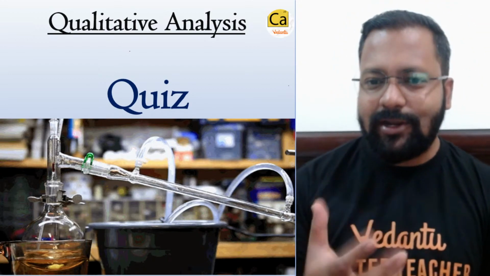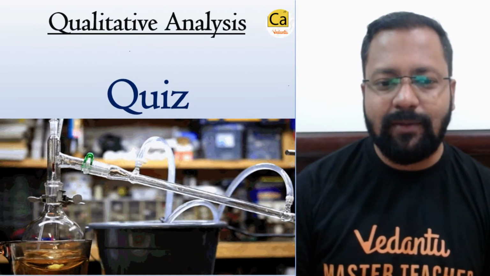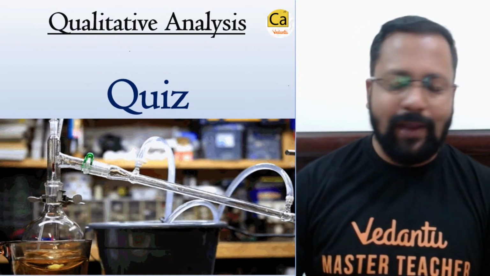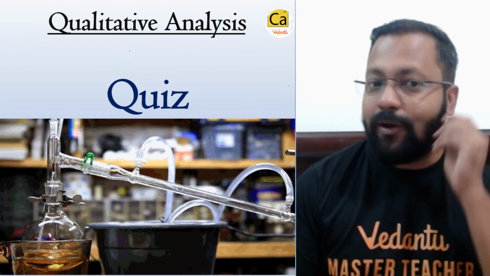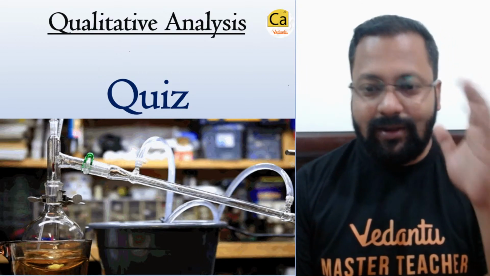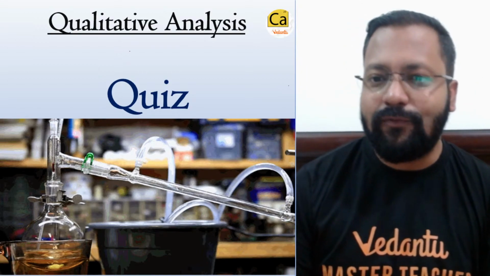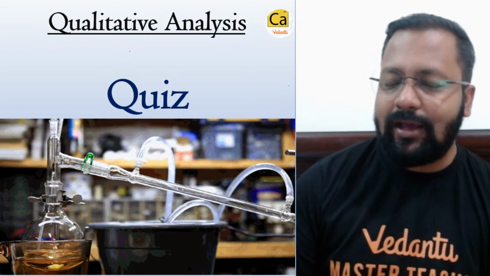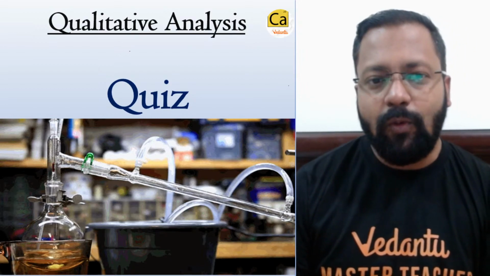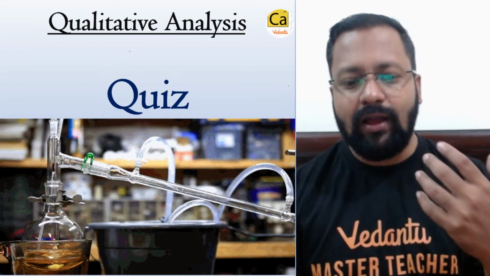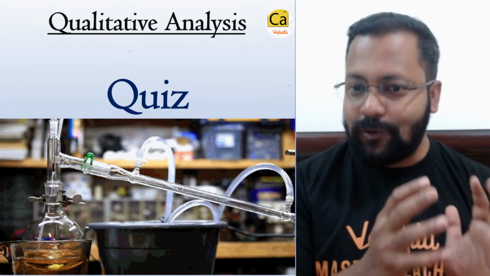So what is the plan for today's session? The plan for today's session is the quiz on qualitative analysis. We have finished the topic of qualitative analysis. Last class, which was held on Monday, was on analysis of cations.